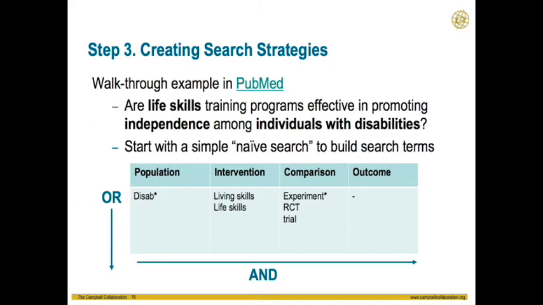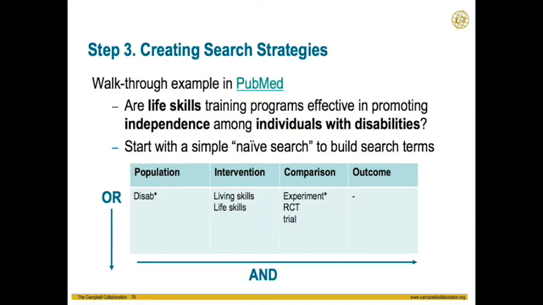So you essentially combine down the column with an or and combine across these blocks with ands, right? And so essentially you build your search that way. And we'll see what this looks like when we work in PubMed today.